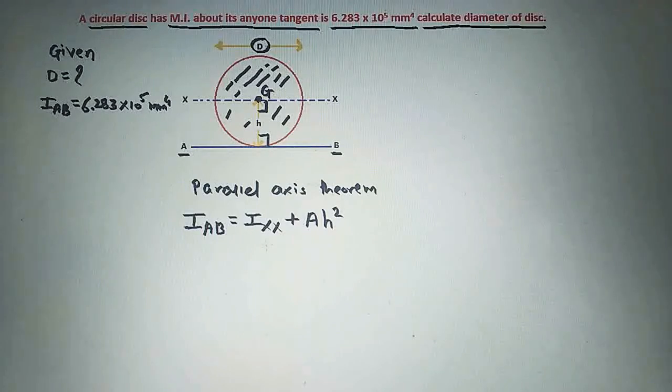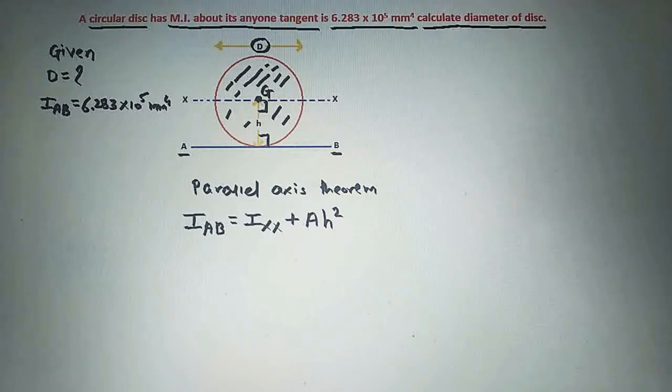So IAB is equal to Ixx plus AH square, and this is the formula for the moment of inertia of axis AB, that is tangent of this circular disc, by using the parallel axis theorem, and that is IAB is equal to Ixx plus AH square.